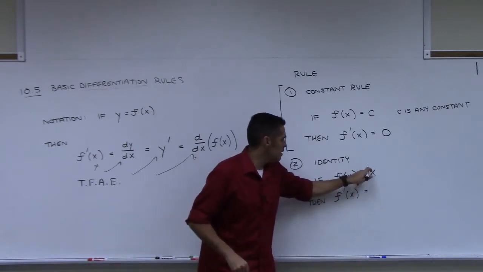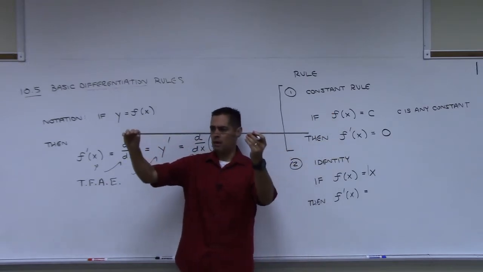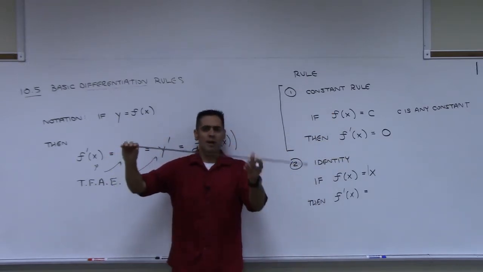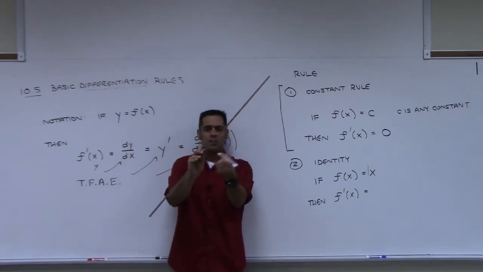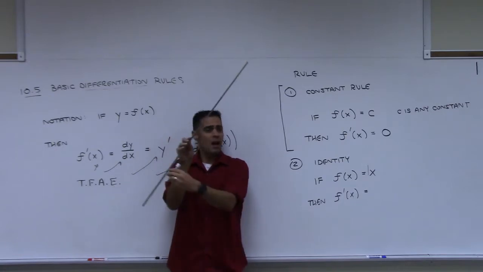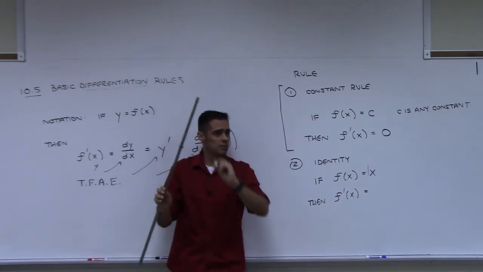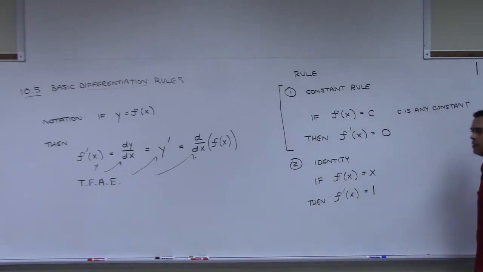Because the number in front is a 1. So look, the first rule we were talking about a function that was flat. The second rule has to do with the line that has a perfect diagonal, perfect slope of 1, right? So if I pick any point on this line and ask you for the slope, it should be what? The same as the slope of the line, right? Which should be 1. Yes? That's the answer. So what is the derivative of x? What's the derivative of x? 1.